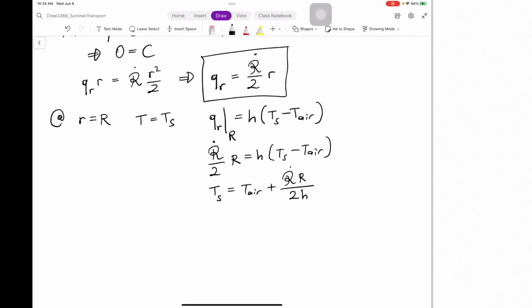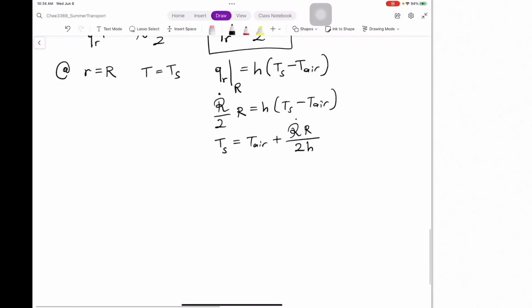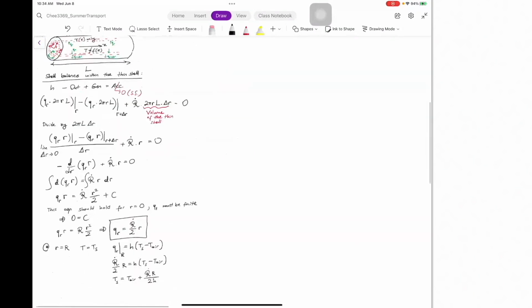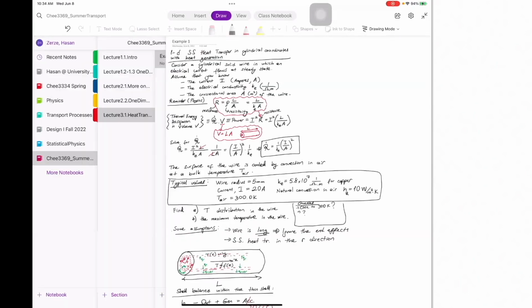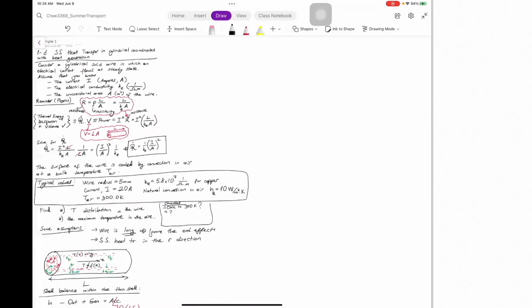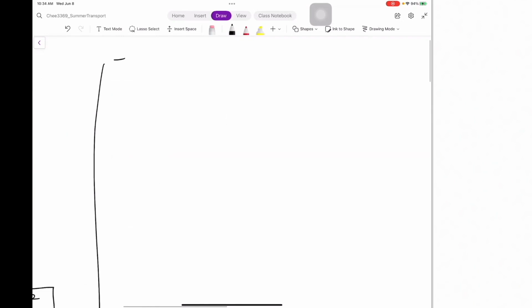Now, let's find out the temperature profile. Let me keep writing here. Maybe I should do it here. Temperature profile.